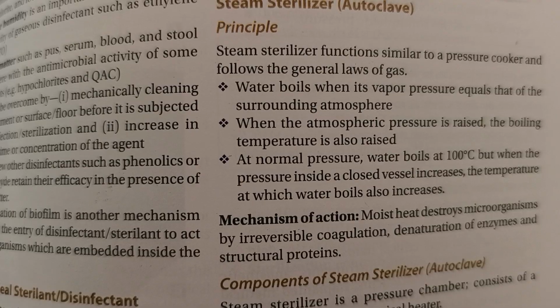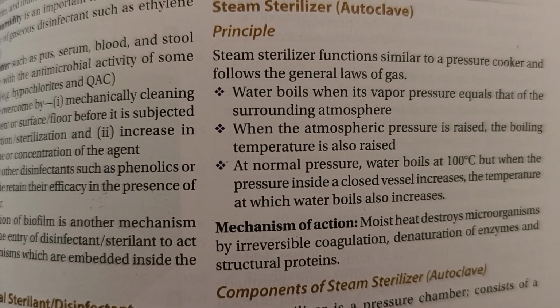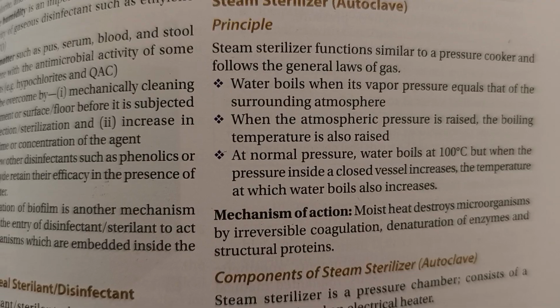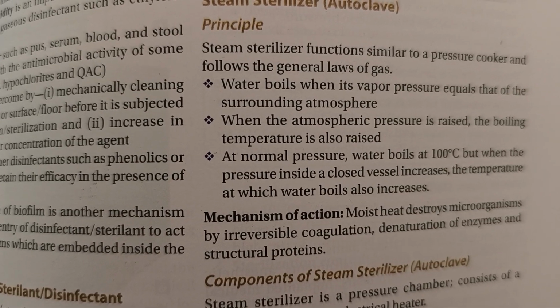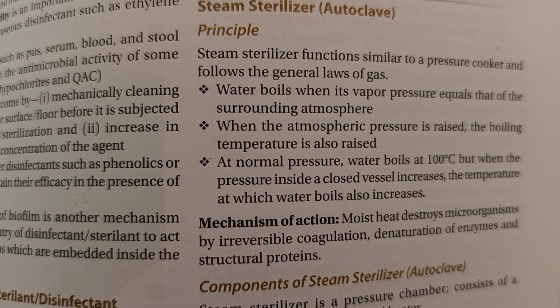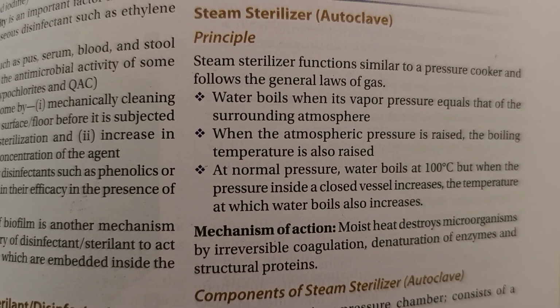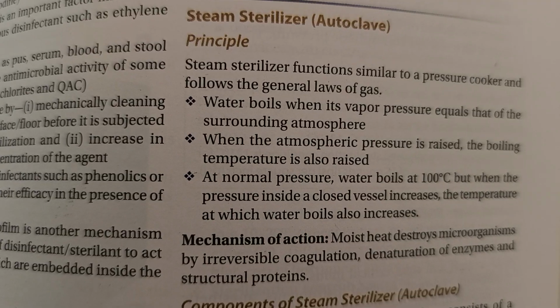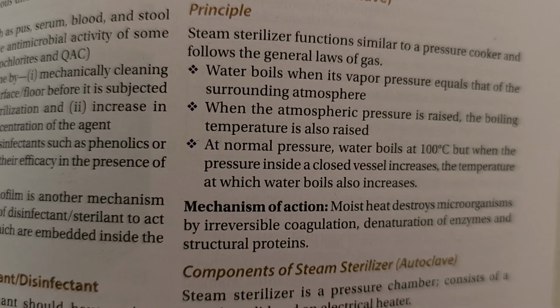When the atmospheric pressure is raised, the boiling temperature is also raised. At normal pressure, water boils at 100 degrees Celsius, but when the pressure inside a closed vessel increases, the temperature at which water boils also increases.